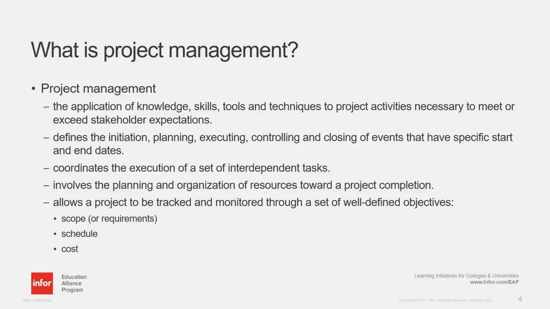It involves rigorous planning, as we said earlier, and resources that are allocated specifically towards project completion. There are 3 well-defined objectives: scope, also known as requirements, schedule, and cost. Scope, schedule, cost.